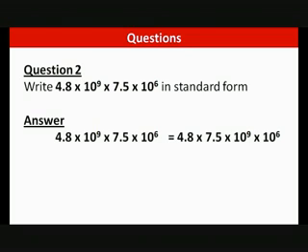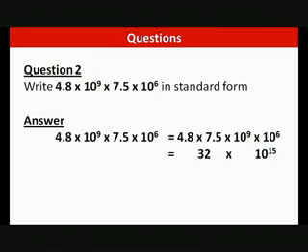So 4.8 times 7.5 times 10 to the power of 9 times 10 to the power of 6. So 4.8 times 7.5 is 32, and 10 to the power of 9 times 10 to the power of 6 is 10 to the power of 15, because you just add the powers.